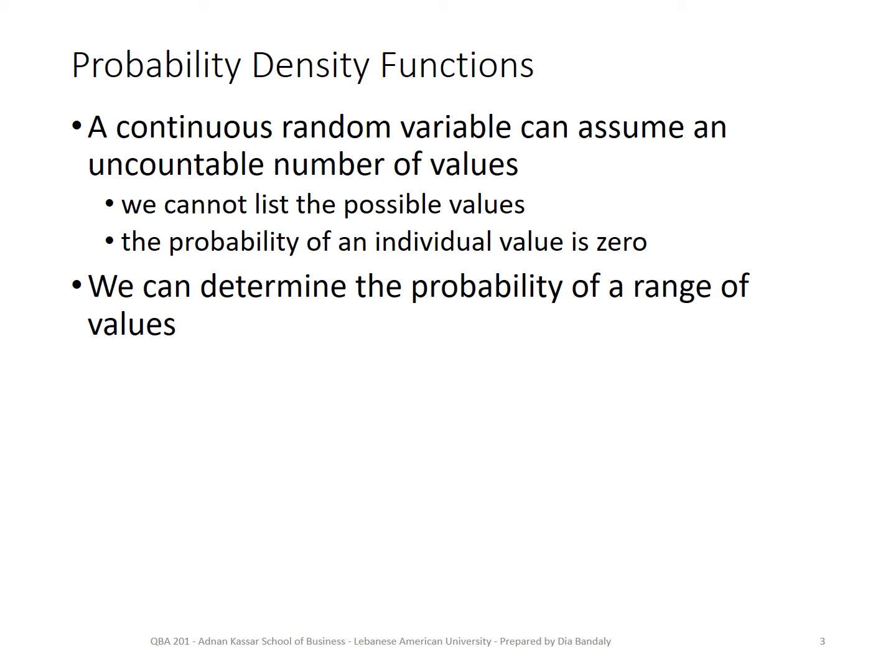Why? Because think always about assigning the probability for specific values, for individual values of this variable. Remember what our main approach to assigning probabilities was: we use the relative frequency. So imagine a variable that can have, let's say, 2000 values. These are countable, right? You can count them, 2000.